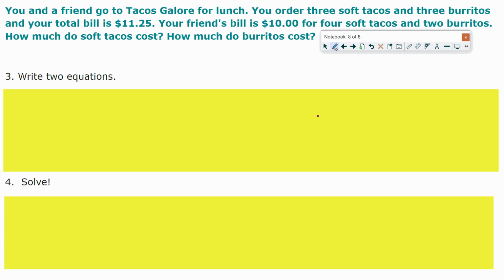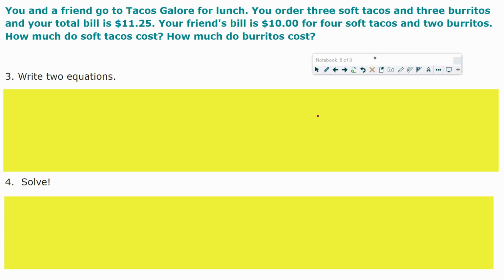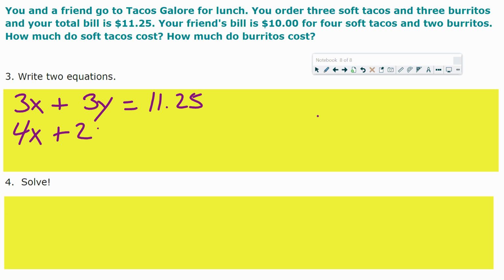Okay, write two equations. So I'm going to do 3x plus 3y is going to equal 11.25. And then 4 tacos and 2 burritos, so 4x plus 2y is going to equal 10. Because of the way that my equations are set up, I'm going to choose the elimination method this time.